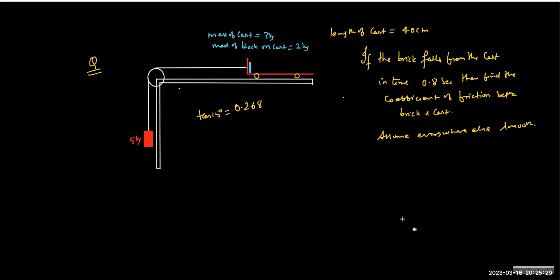So for two block problems, we always have a standardization of solving. Always. So imagine if someone is asking you this question.